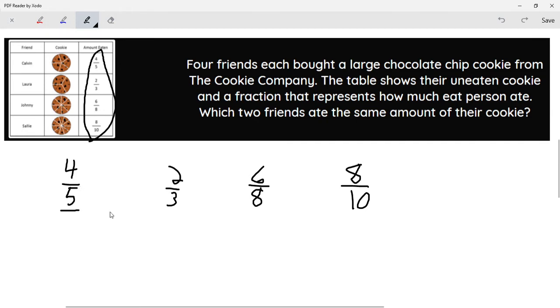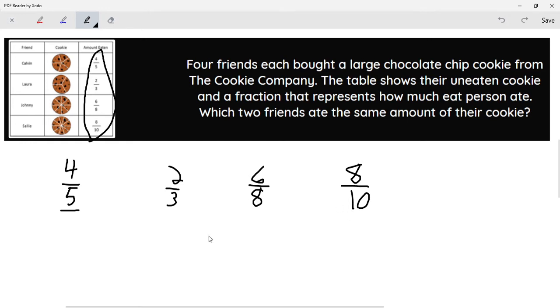Now, 4/5, can I change it into 2/3? Is there any way that I can change 4/5 into 2/3? No. Is there any way I can change 5 into 8? No. It doesn't multiply.